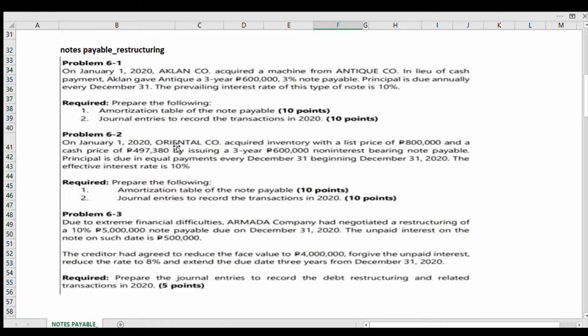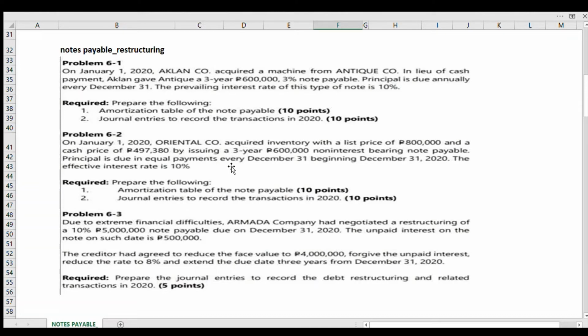On January 1st, 2020, Oriental Company acquired inventory with a list price of 800,000 and a cash price of 497,380 by issuing a 3-year 600,000 non-interest-bearing note. This time, this is a non-interest-bearing notes payable. Principal is due in equal payments.